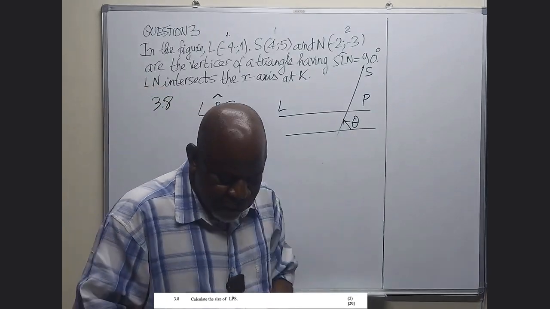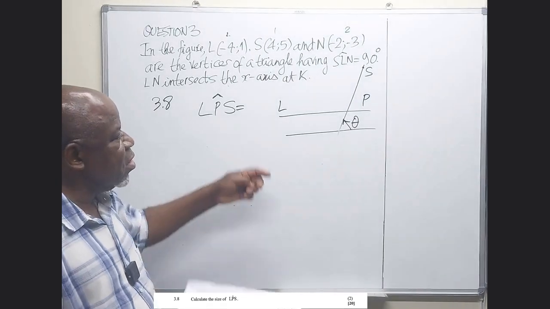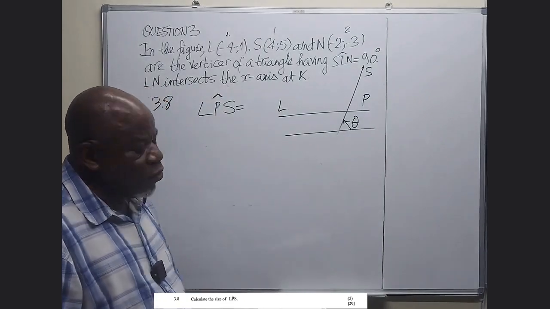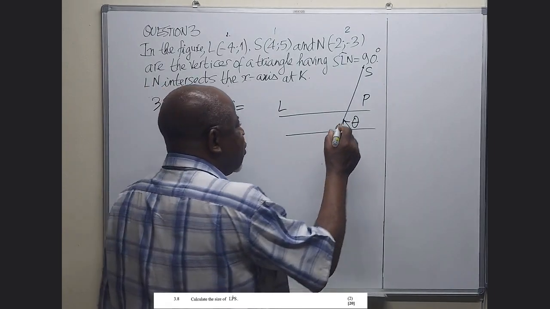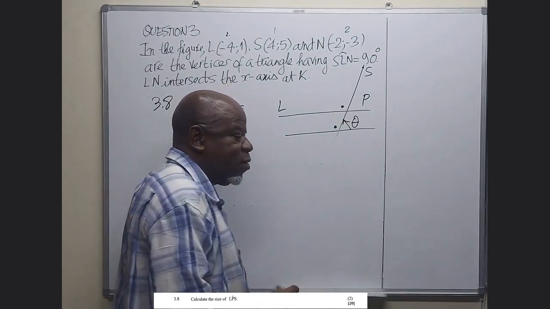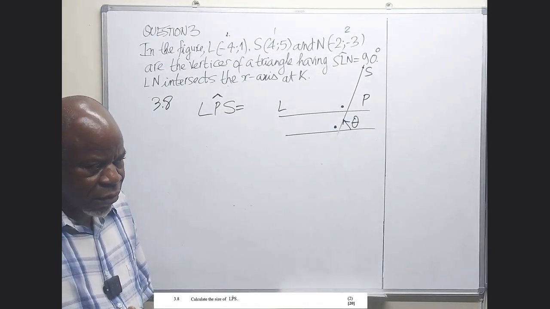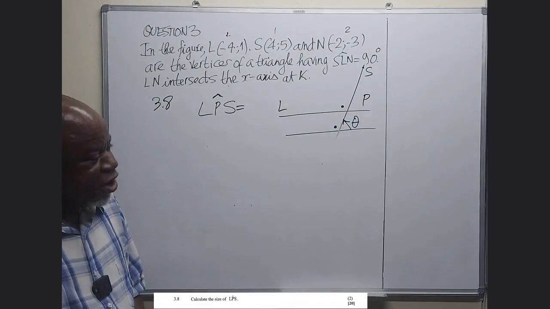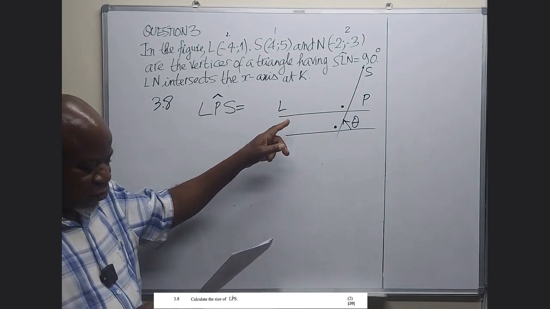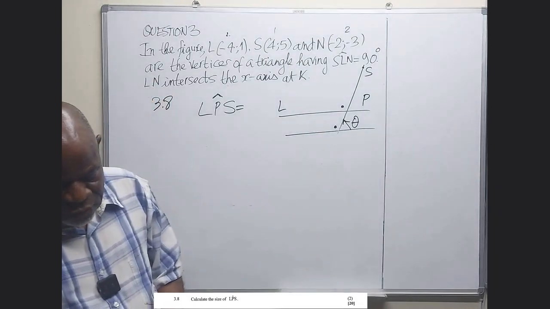Now, we know that in Euclidean geometry, when two lines are parallel and they are cut by a transversal, we have this kind of angle called corresponding angles. These two angles here, we call them corresponding angles. When two lines are parallel, it allows us to get the size of the angle LPS. So what are we going to say?